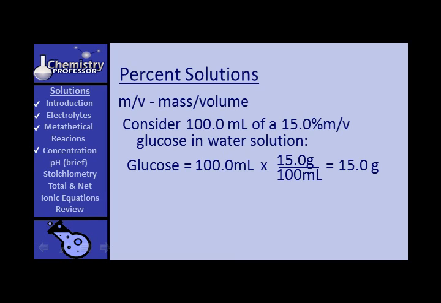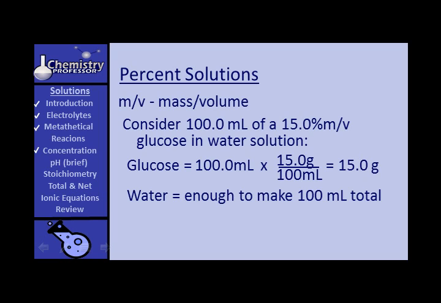It's kind of reminiscent of the one we were talking about a moment ago. We add enough water to bring the volume up to 100 milliliters, so that in 100 milliliters of the solution, we know we have 15 grams of glucose.